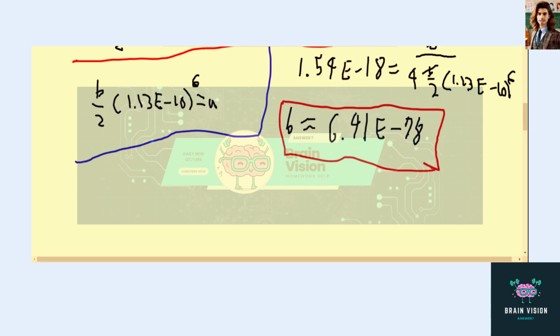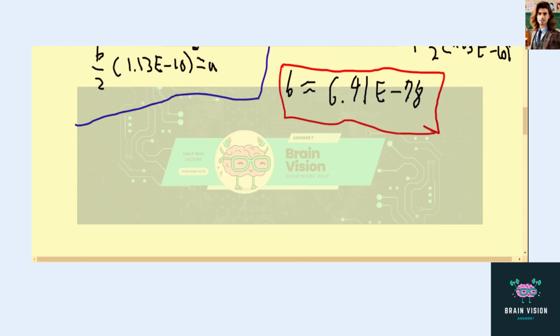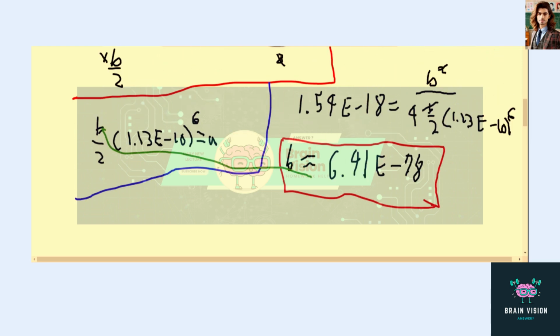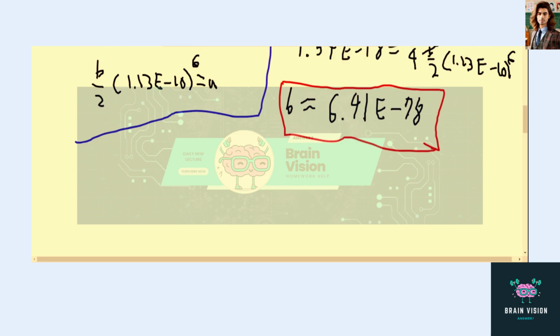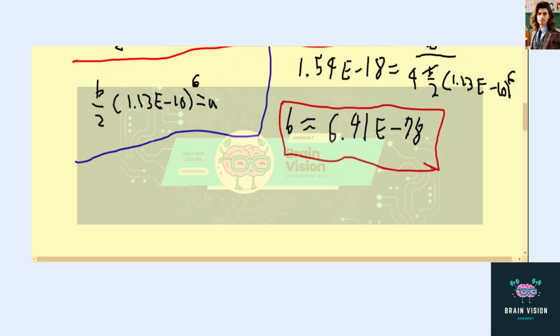Okay, since we found b, we can plug in the b value for a. Simply plug in the b over here. And doing so, we will get, let's see, plug it into a calculator, divide this by 2, multiply it by 1.13, 10 to the negative 10th, everything to the 6th power.